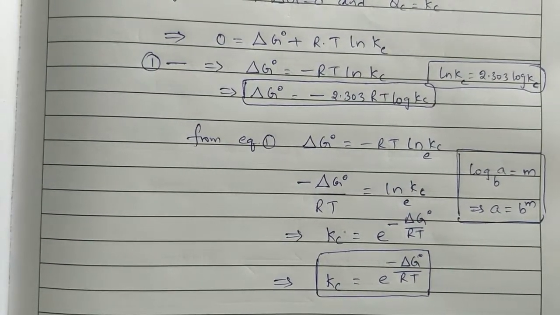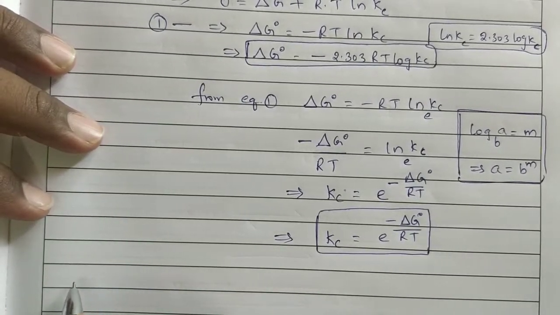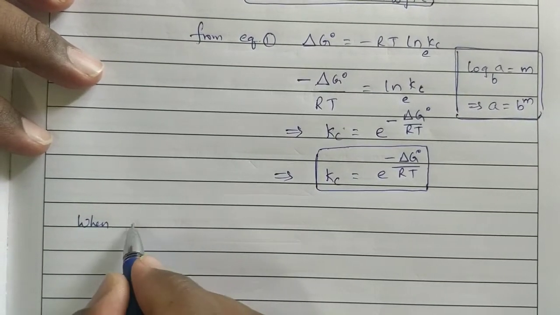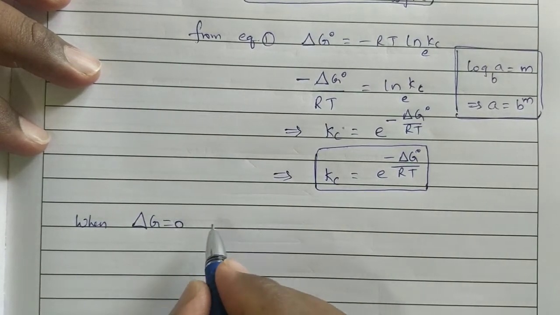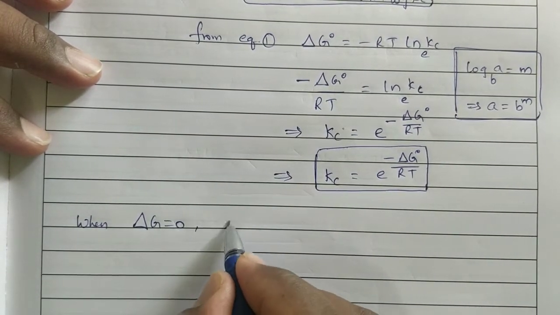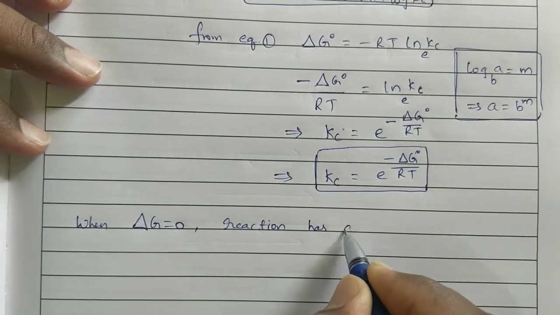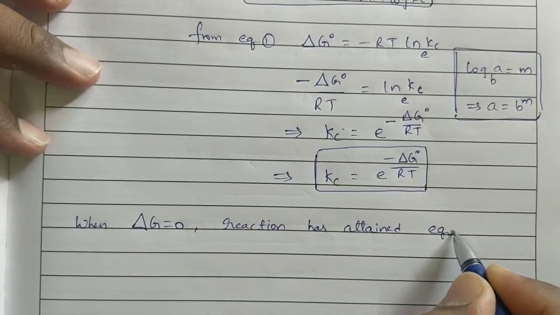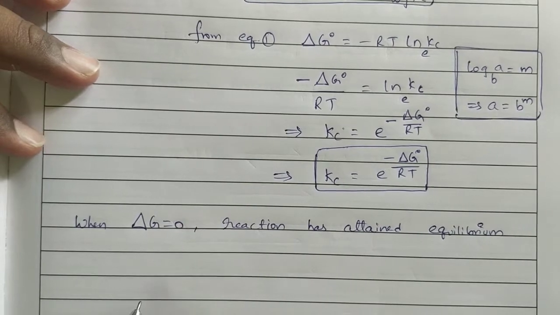Next, the conditions we are going to see now. When delta G is equal to 0, the reaction has attained equilibrium.